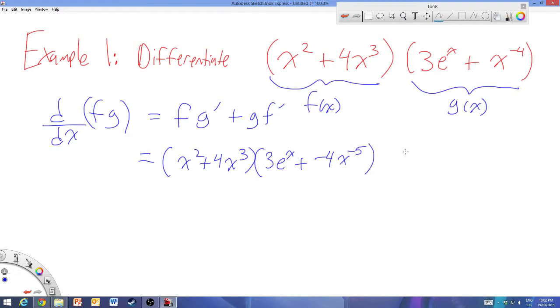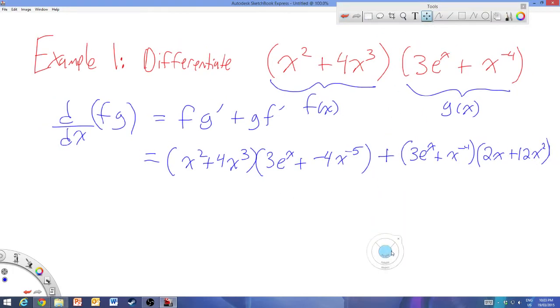That's the first part. Then the second part is g, so 3e to the x plus x to the negative 4 times the derivative of f of x. So in this case, the derivative of f of x will be the derivative of x squared, which is 2x, plus the derivative of 4x cubed, which is going to be 12 times x squared. There you go. There's our derivative.